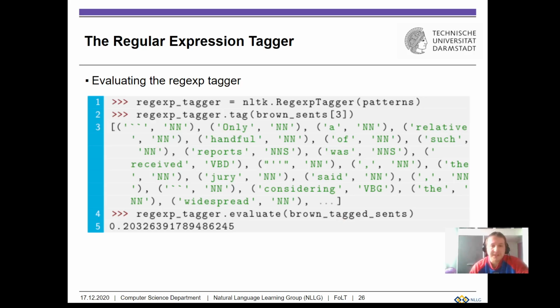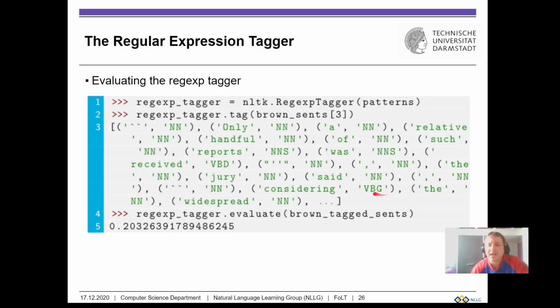So how are we going to implement this in NLTK? We take the regexp tagger. NLTK has this, obviously. You feed in the patterns, and then you tag the Brown corpus. Let's say you tag sentence number 3, and it would give you this prediction. It says only is a noun, a is a noun, relative is a noun, handful is a noun, of is a noun, such is a noun, reports is a noun in singular, was is a noun, and you see that it's really not doing very well.